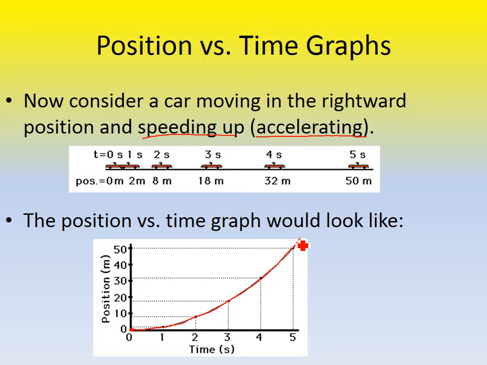So I want you to write this on your note somewhere, on a PT graph. Let's review. So slope tells us what, guys? Velocity. And I want you to write this. Curved equals what?